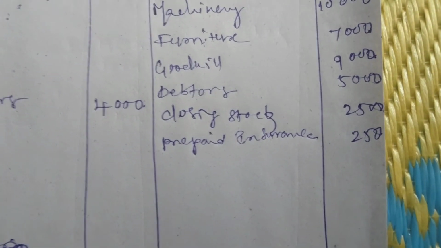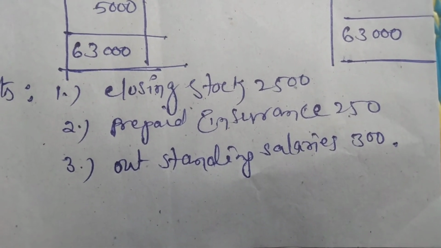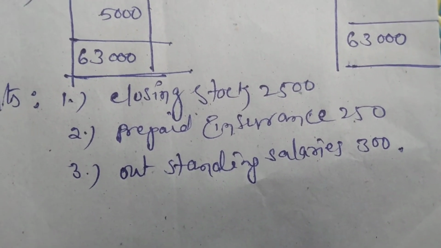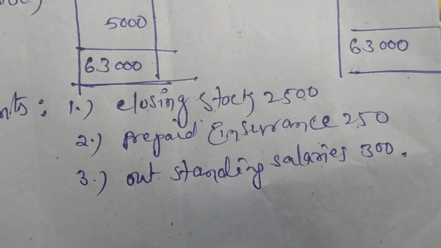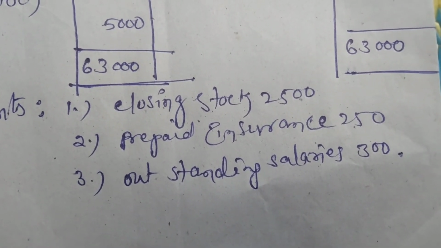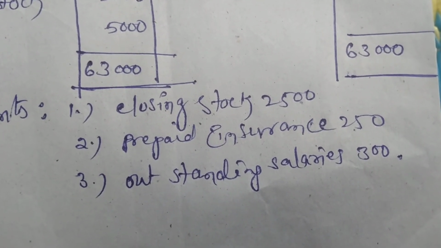So the last adjustment is outstanding salaries. So the outstanding salaries are added to the salaries and shown in the liability side of the balance sheet. Why? Because we have not paid salaries to the employees.